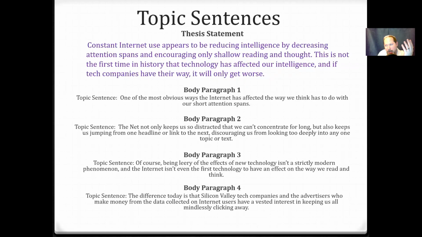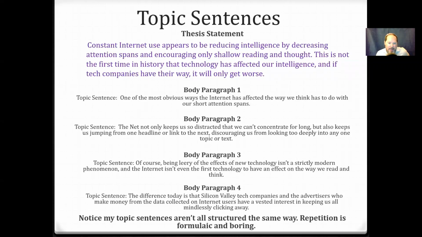Nicholas Carr talks about how people make money from us constantly clicking and moving through fast and not spending too long on one website. So you can see here that my topic sentences are not all repeated.